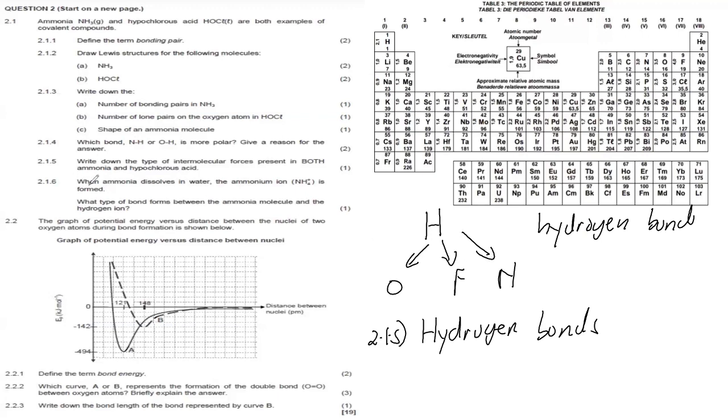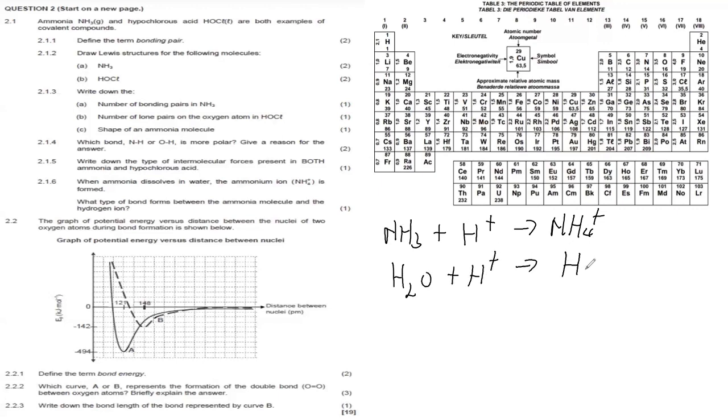They are saying when ammonia dissolves in water, the ammonium ion is formed. What type of bond forms between the ammonia molecule and the hydrogen ion? So again, they're coming with this one. I always made you note that if ever they're asking you about the ammonia reacting with a hydrogen ion, always note that that type of bond is called the dative covalent bond.